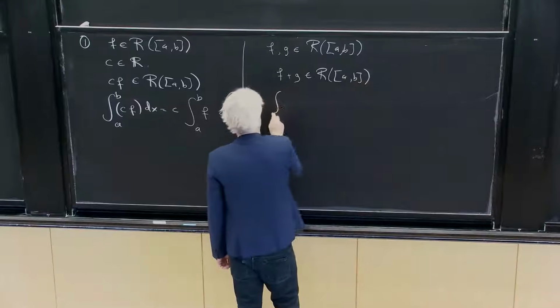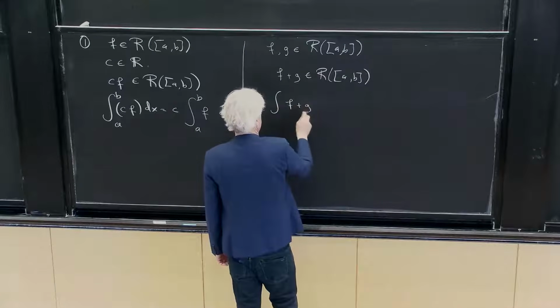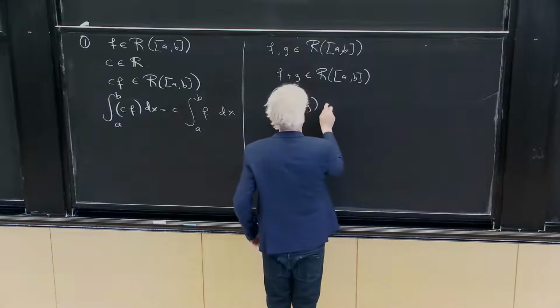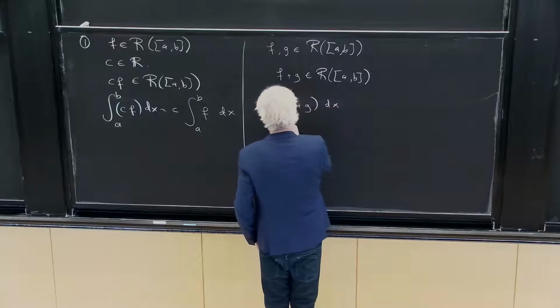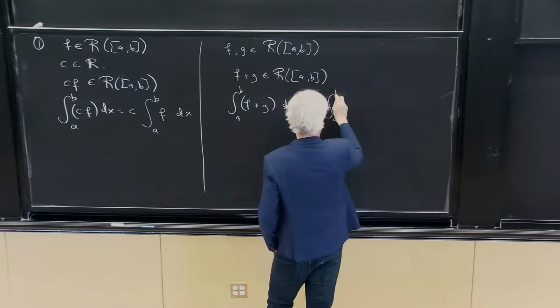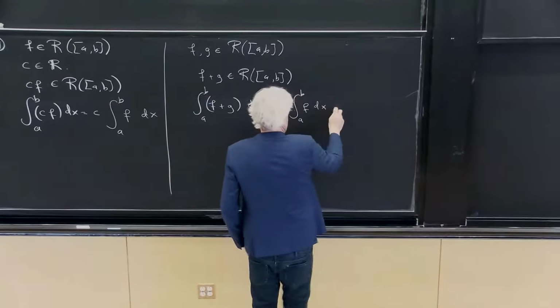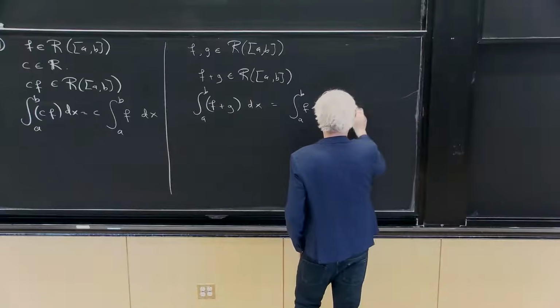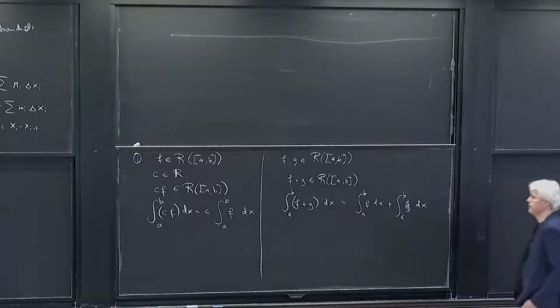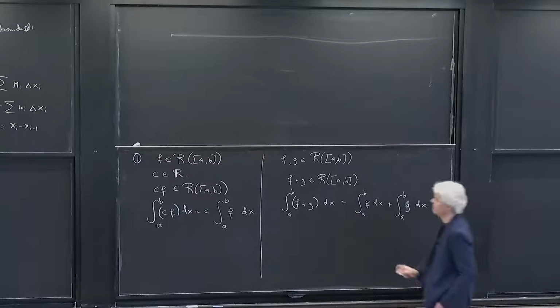And the integral of the sum, from a to b, is equal to the sum of the Riemann integrals. Let's prove this one here. I won't prove the first one, but let's prove the second one. Right? So this is 2.